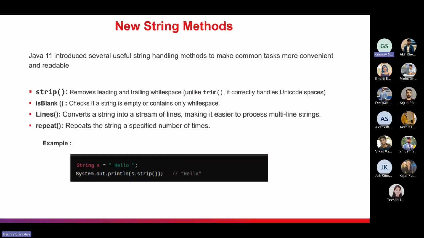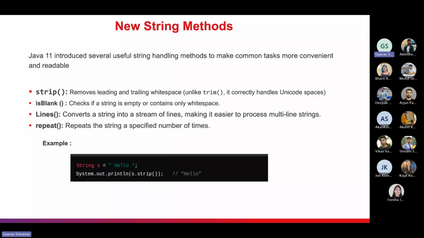After that we have the lines method. The lines method makes it easier to process multi-line strings, converting a string into a stream of lines. Suppose you have a string like "Java is the best" and you want to print it on different lines.